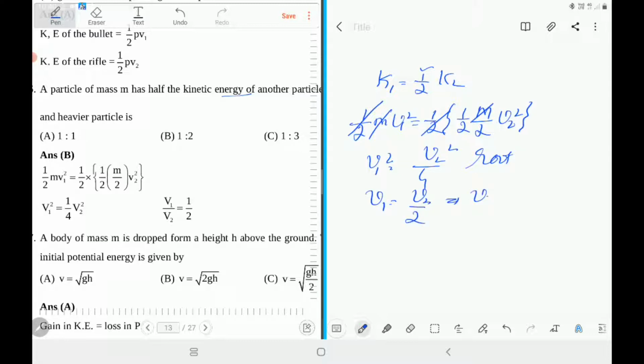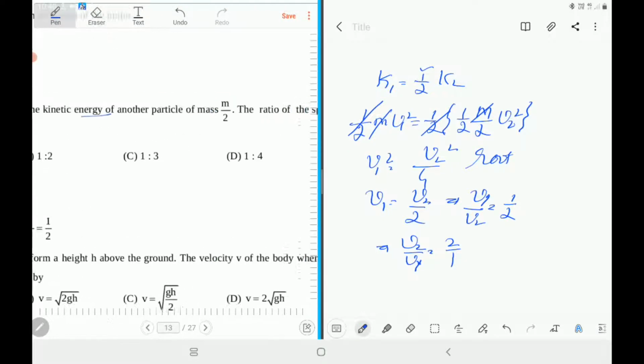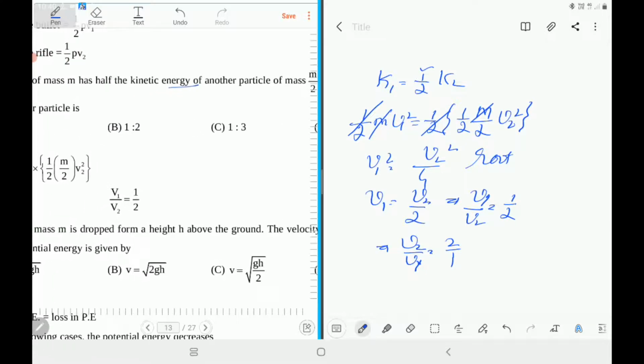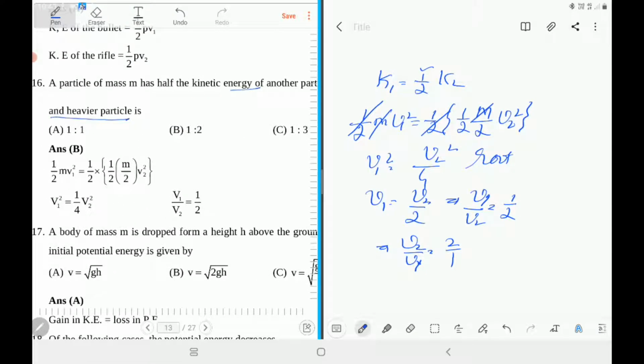So what is v1 by v2? v1 by v2 is 1 by 2. So what is v2 by v1? v2 by v1 is 2 by 1. He wants you to find the ratio of lighter to heavier. See the question, ratio of speeds of the lighter to the heavier particle, that is 2 is to 1.